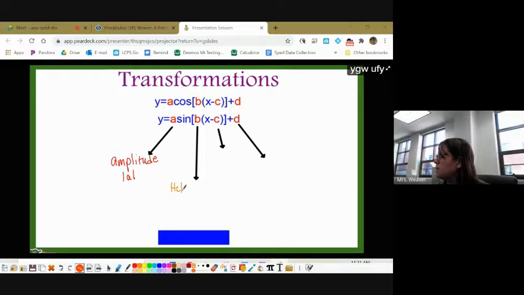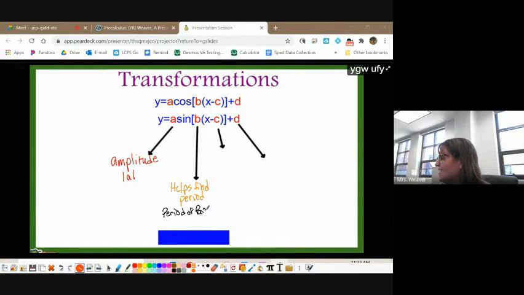Our B value helps us find our period. It's not our period, but it helps us find the period. Remember, period is going to be the period of the parent function divided by B. If you remember from watching the circle go around and graph the sine and cosine function, it took a full rotation of the circle or 2 pi radians to complete the cycle.